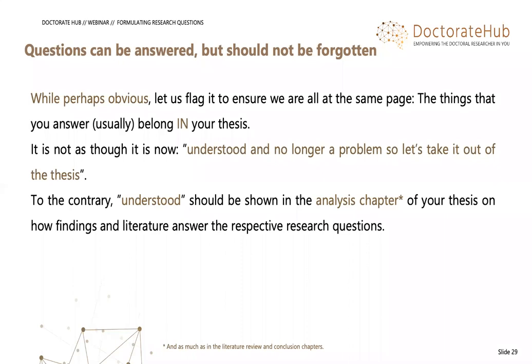Now, to which extent it will be written up in your thesis is something you need to decide. But it came as a surprise to me that students started taking out the stuff that was understood, and it was off the thesis. Obviously, if you continue that way, there will never be a substantial body that you could put into your thesis, right? So make clear you understand what your research is about and what of the understood and no longer a problem information should be within your thesis, and what perhaps was rather an initial context piece of information that was useful for you, but doesn't deserve the merit to be part of your thesis.